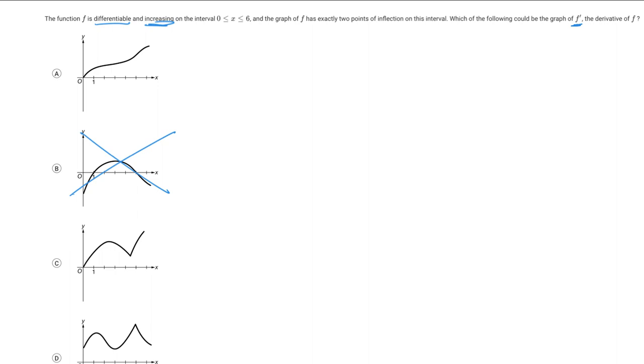And then my inflection point will happen when my second derivative changes sign. So second derivative changes sign. But if I compare that to the graph of the first derivative, instead of thinking about this as the first derivative and this is the second derivative, let's think about the graph we're looking at as the original function, and then the second derivative as its first derivative.